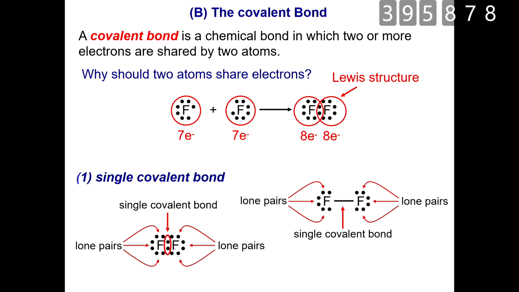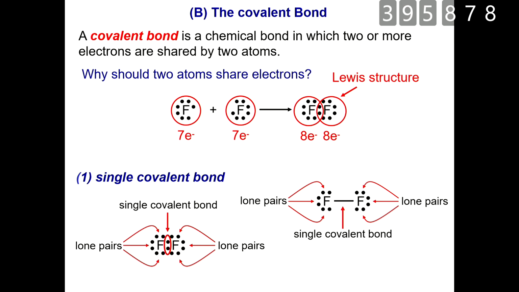Yes. So when they share these two, here we can see this fluorine has 8 electrons, and this one also has 8 electrons. So this is the Lewis structure of fluorine, F2 gas. Here we can see they show two electrons. So two electrons form one bond.